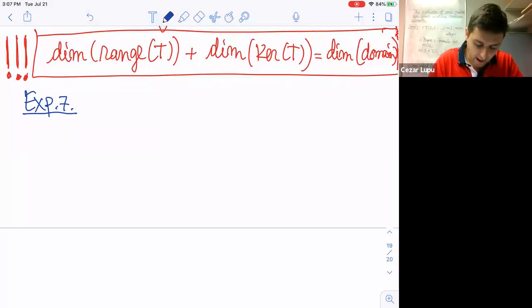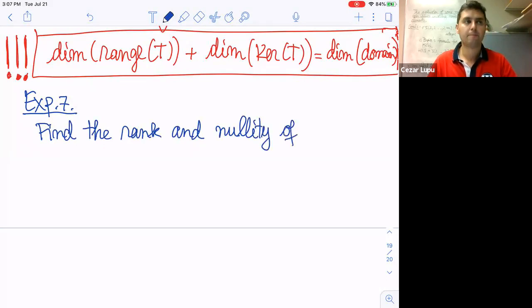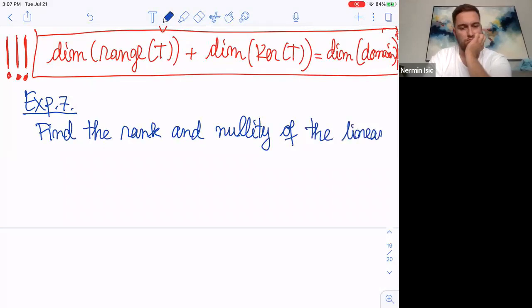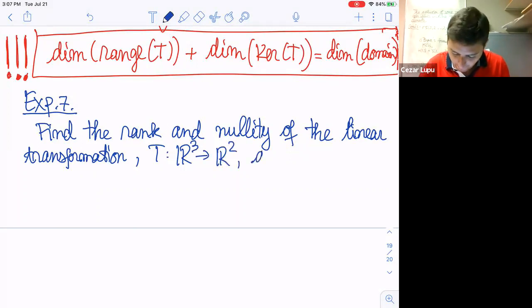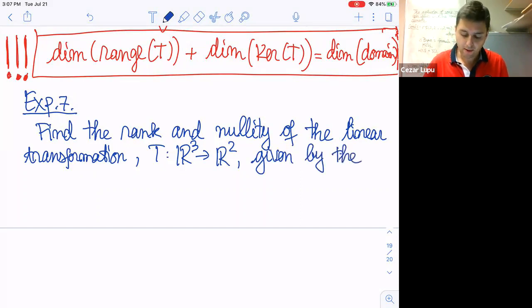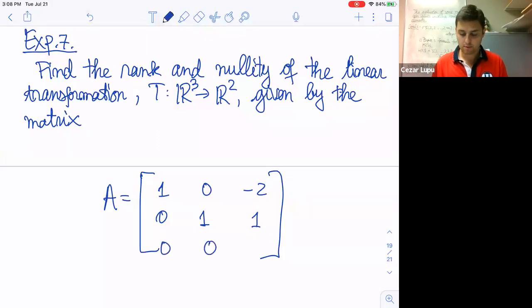Example number 7 says the following: find the rank and nullity of the linear transformation T given by the matrix, let's see if I have enough room here, the matrix is given by (1, 0, -2), (0, 1, 1), and (0, 0, 0).